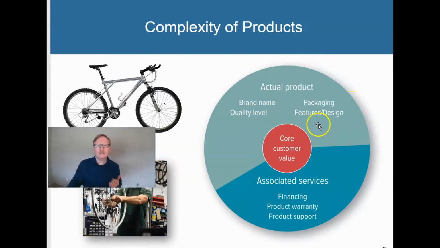The packaging, features, and design. And then down here we have the associated services, the things that are behind that product: the financing, how do we purchase it, pay for it, the product warranty, the product support. But at the core of this is creating customer value, because we have to create customer value. That's the era of marketing we're in.